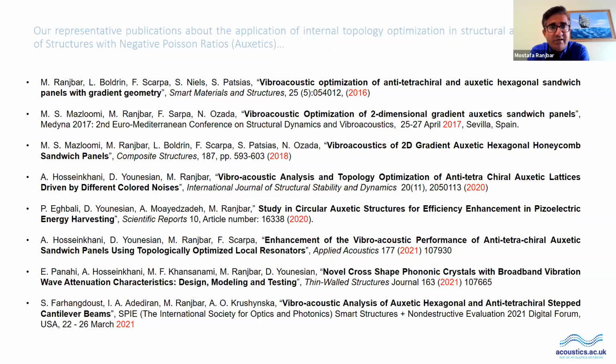In 2020, we had another paper about vibro-acoustic analysis and topology optimization of anti-tetrachiral auxetic lattice. And in 2020, we developed the application of auxetic structure for enhancement of energy harvesting. And in applied acoustics, we had a recent paper regarding the vibro-acoustic performance of anti-tetrachiral auxetic sandwich panel using local resonators.